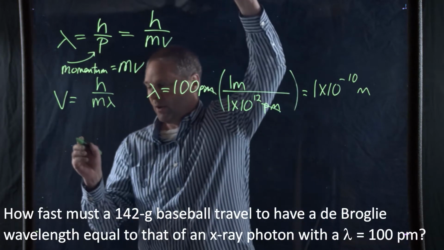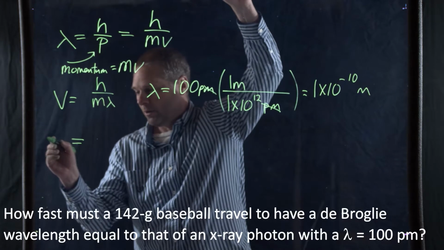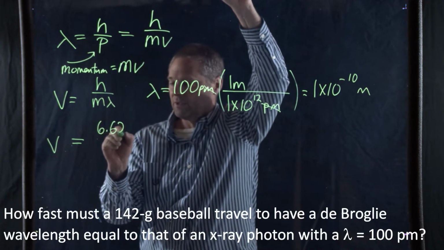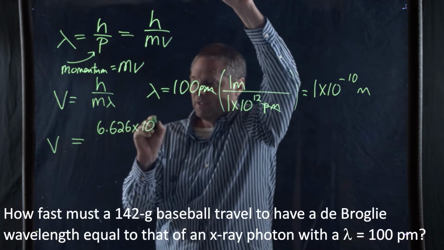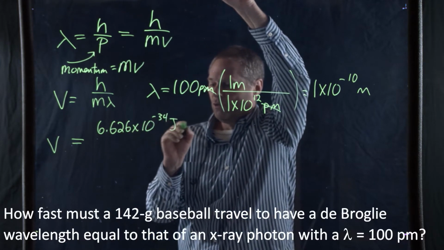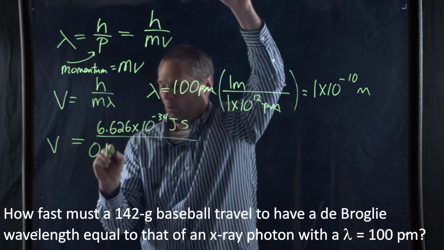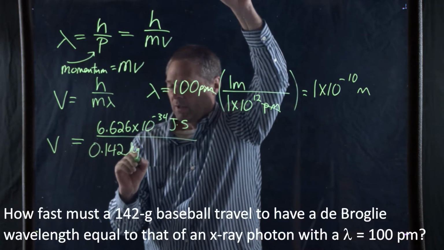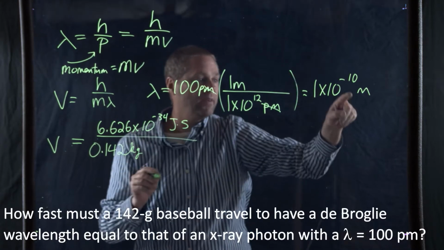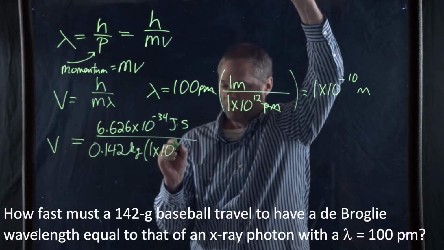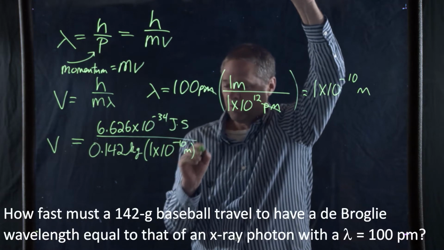Okay, so now we can plug that into our equation for velocity. The h is 6.626 times 10 to the negative 34th joule seconds, divided by the mass, which is 0.142 kilograms, times the wavelength we just found, which is 1 times 10 to the minus 10th meters.